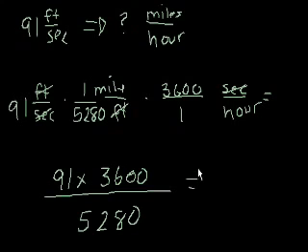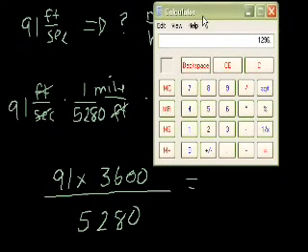And this time around, I'm actually going to use a calculator. Let me bring up the calculator just to show you that I'm using a calculator. So 91 times 3,600, that equals a huge number, divided by 5,280.